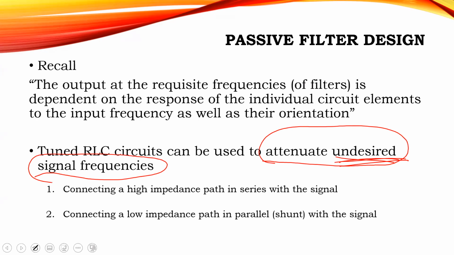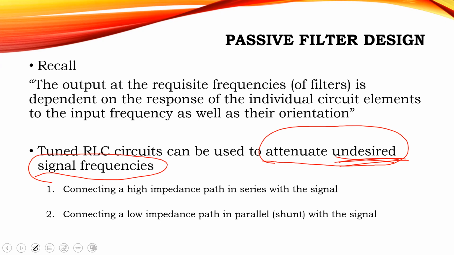So if I want to attenuate, in other words, reduce the level of my high frequency signals, then I would connect that in parallel, since it's going to give me a low impedance at high frequency. And if I want to have high impedance, I must connect that in series with high frequency. And in doing so, I end up with a low frequency filter.